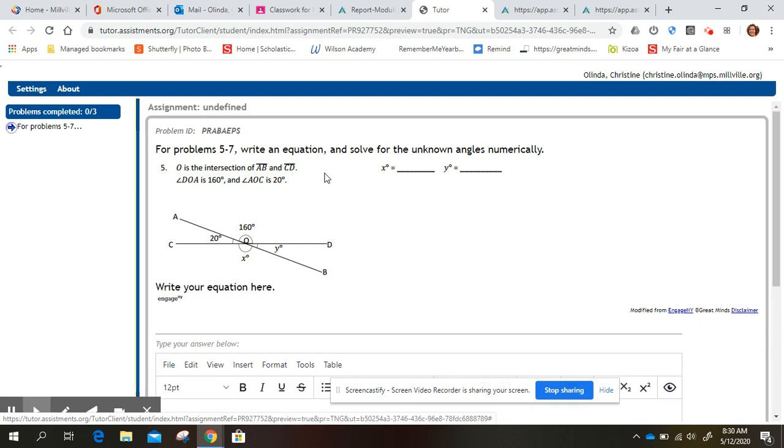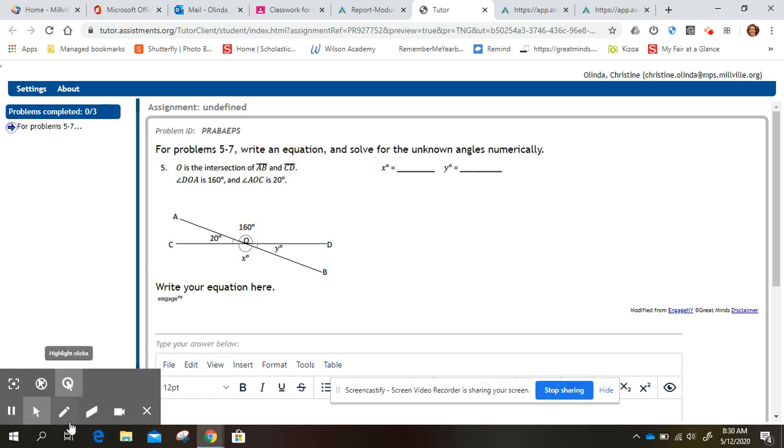For problems 5 through 7, write an equation and solve for the unknown angles numerically. So in number 5, they give us a lot of information. O is the intersection of A, B, C, and D. DOA is 160 and angle AOC is 120. So we have quite a bit of information here.